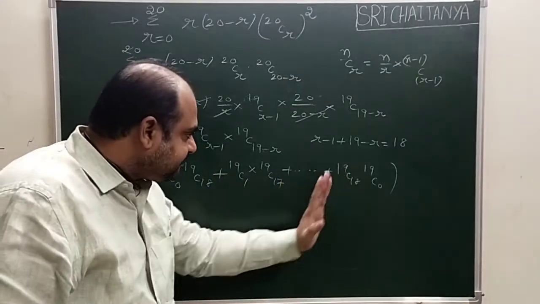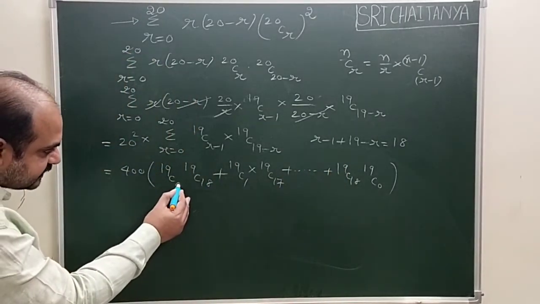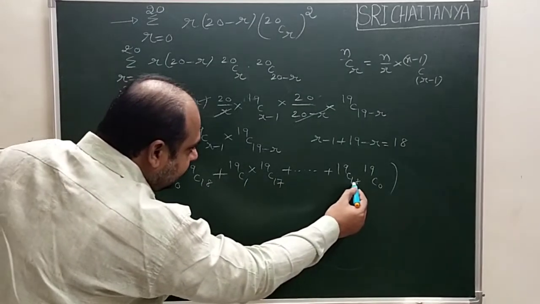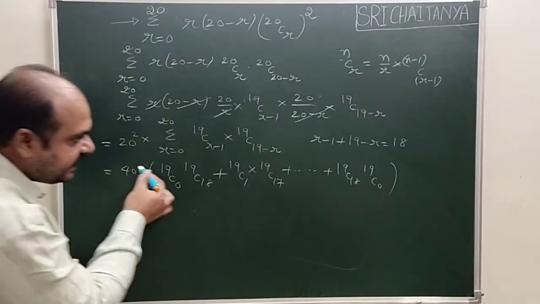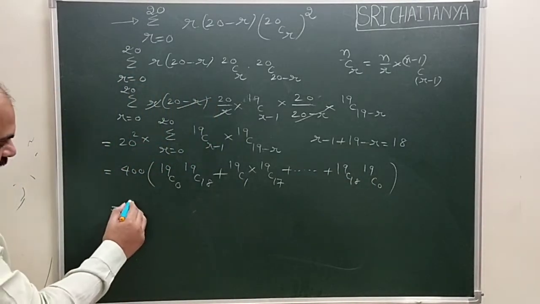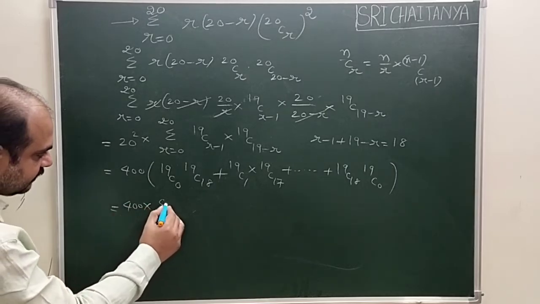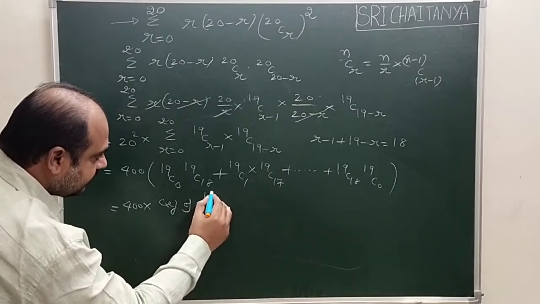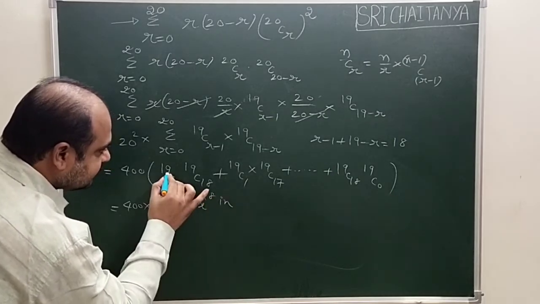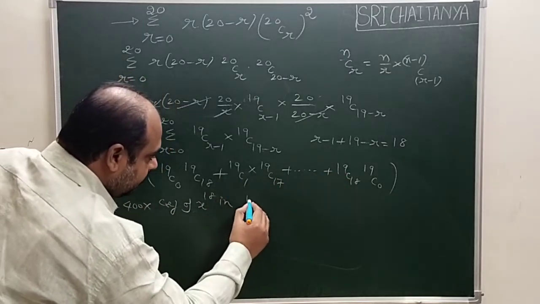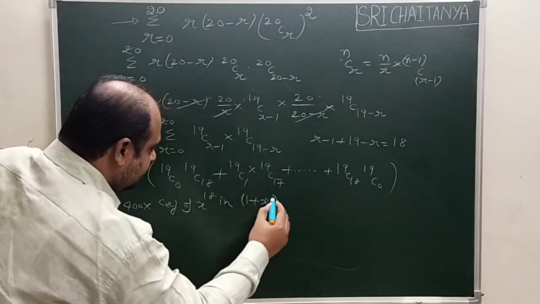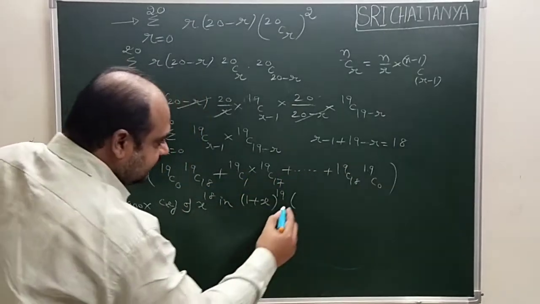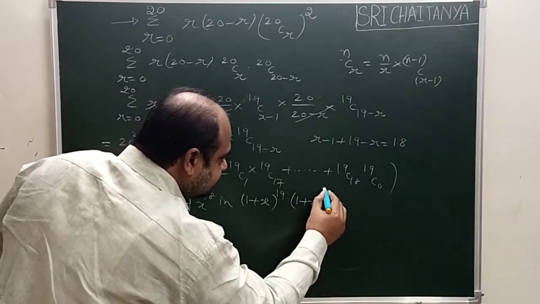Right? So if you look at this, product of two binomial coefficients, 0 plus 18, 18, 1 plus 17, 18, 18 plus 0, 18. That means 18 written in all possible ways. According to our previous concept, that is nothing but coefficient of x power 18 in first (1 plus x) to the power 19 into second (1 plus x) to the power 19.